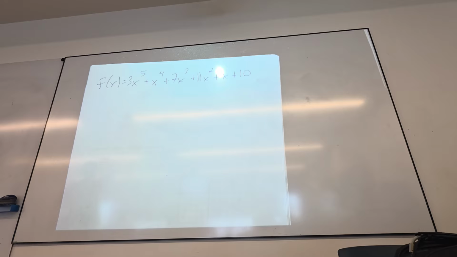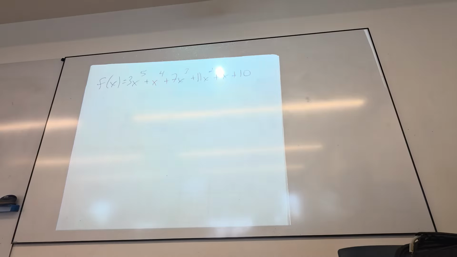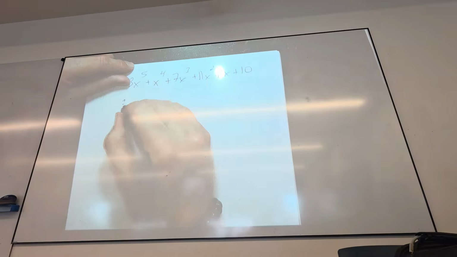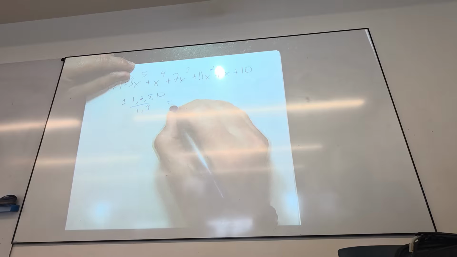So if I see all the signs are the same in the polynomial I'm looking at, there can be no positive roots. So let me show you concretely what that means. The possible roots here would be plus or minus 1, 2, 5, 10 divided by 1, 3. I'm going to do this a little bit quickly, right?